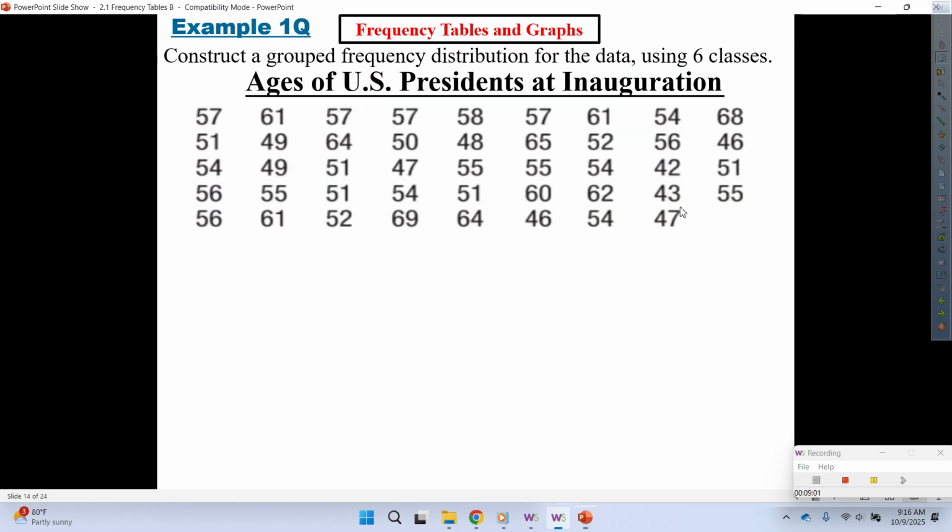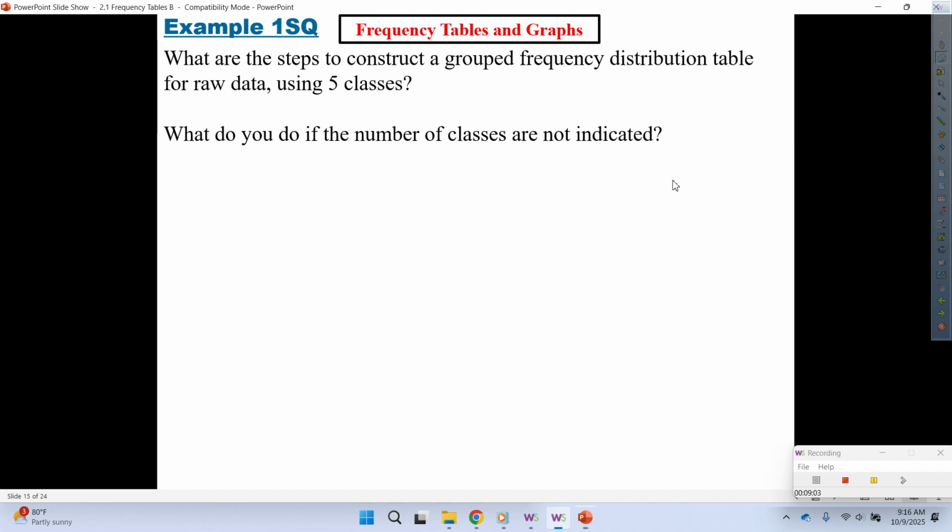So by now we should know how to do this. And once again, it says, what are the steps to construct a group frequency distribution table in raw data using 5 classes? So tell your neighbor the first 2 steps. Looks like Cadis has got it, but let's go with Lucas.